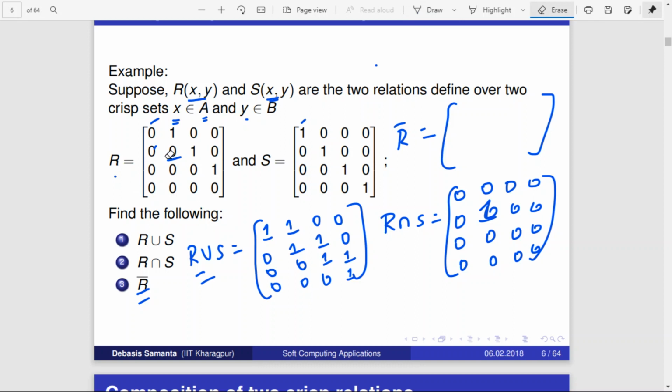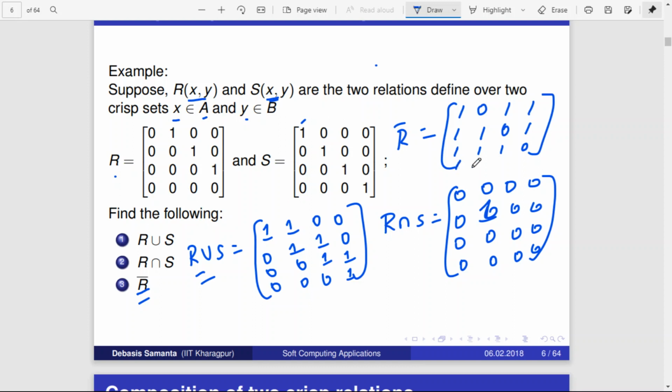So like that you have to fill it. So basically it inverses.